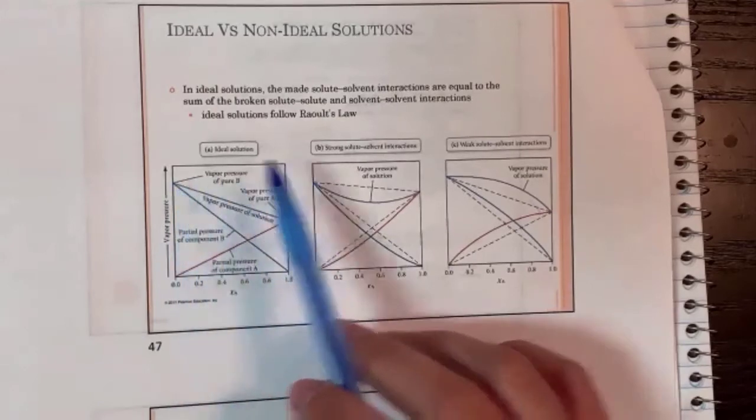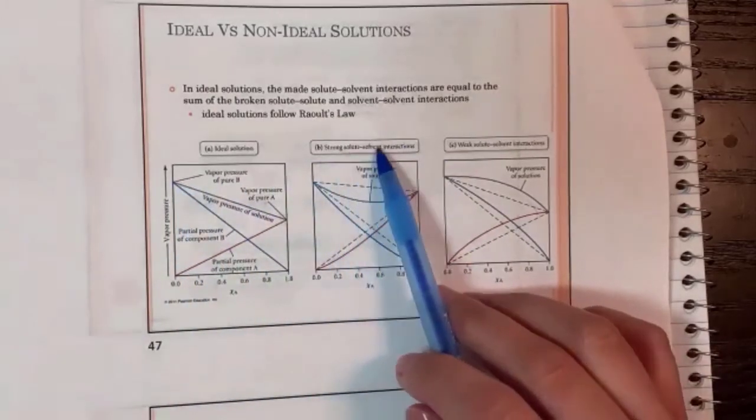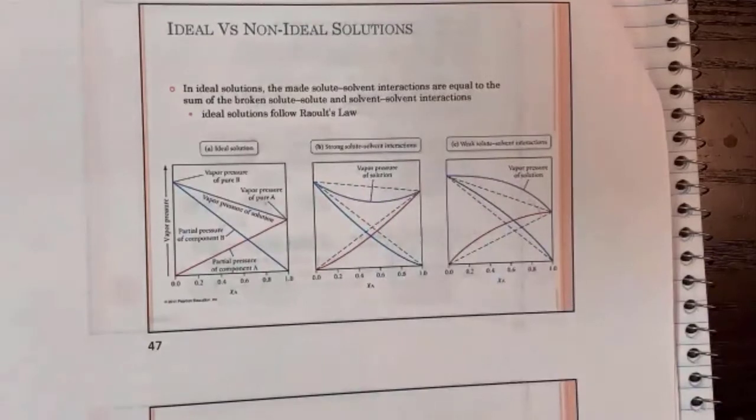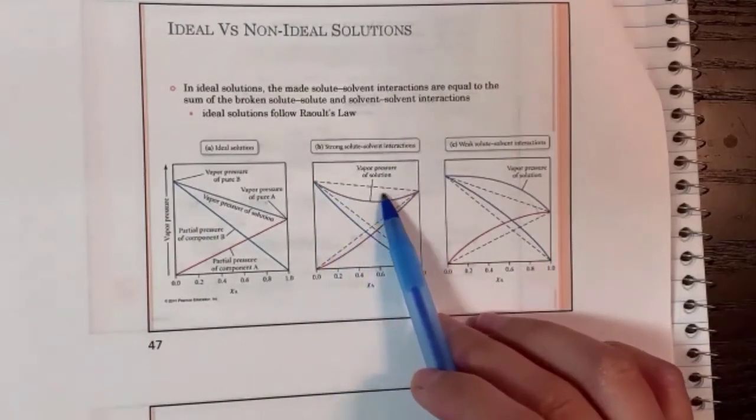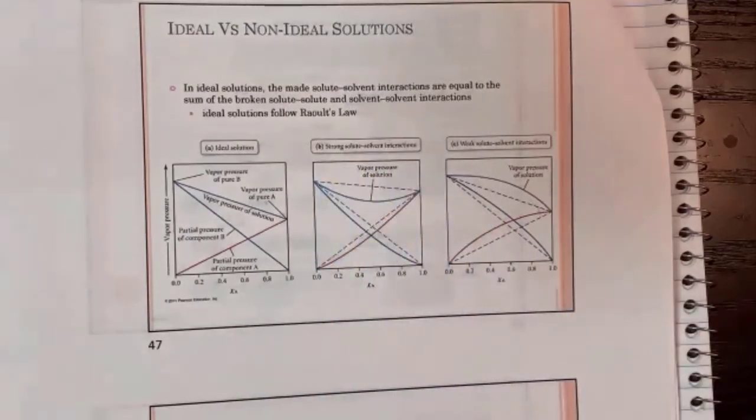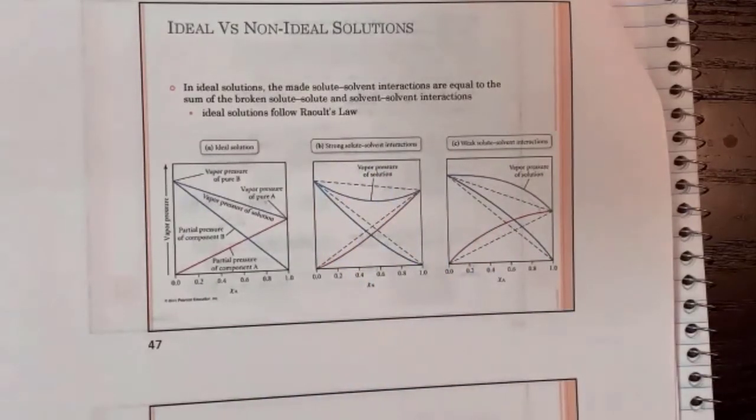What happens if you have strong solute and solvent interactions? That means compared to the ideal solution, your vapor pressure is actually lower than expected. Why is it lower? The reason is they like the new buddies a lot more than you expected.